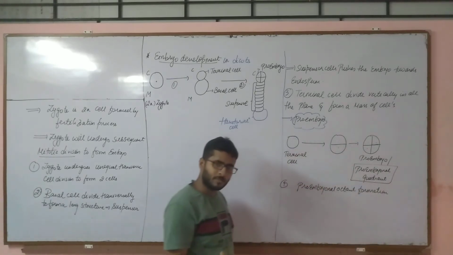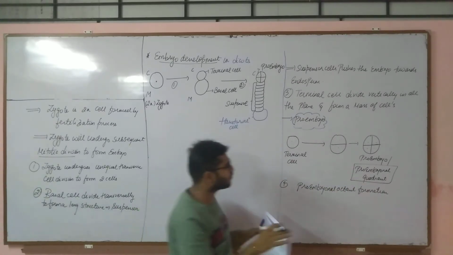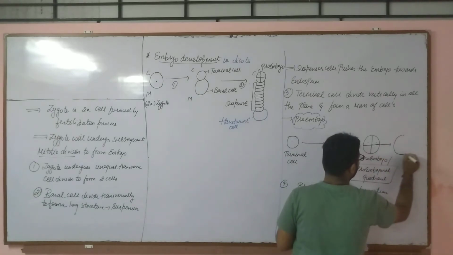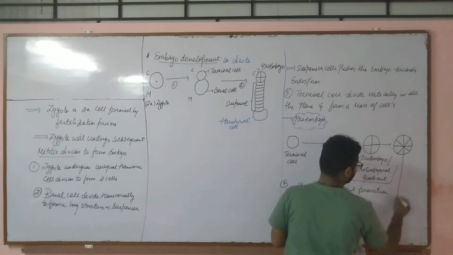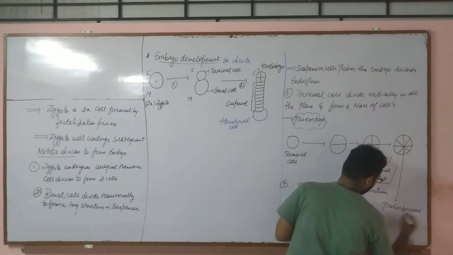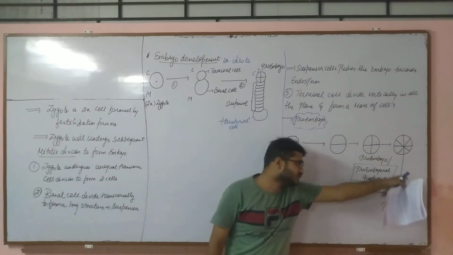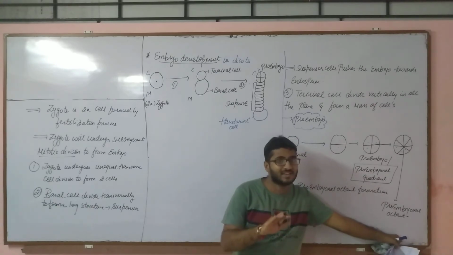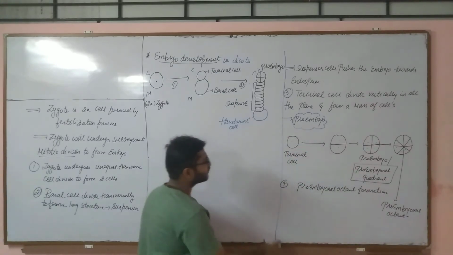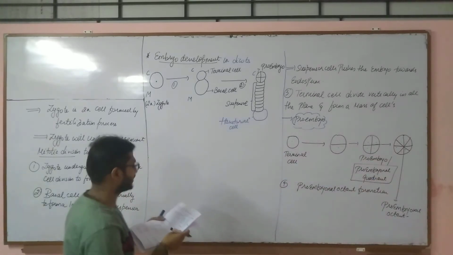And how will the pro-embryonal octet form? This pro-embryonal quadrant will divide one more time to form again a mass of cells. This structure is called the pro-embryonal octet. Why octet? Because this structure, the embryo, is at the 8 cell stage. So this is the pro-embryonal quadrant and this is the pro-embryonal octet.